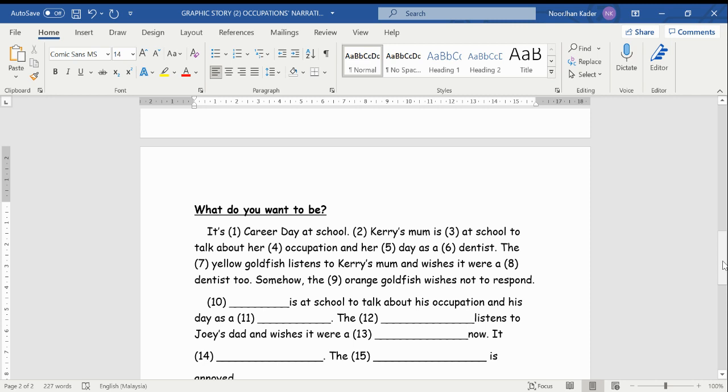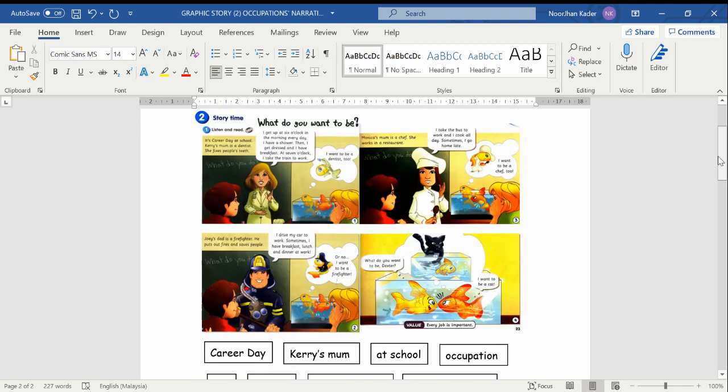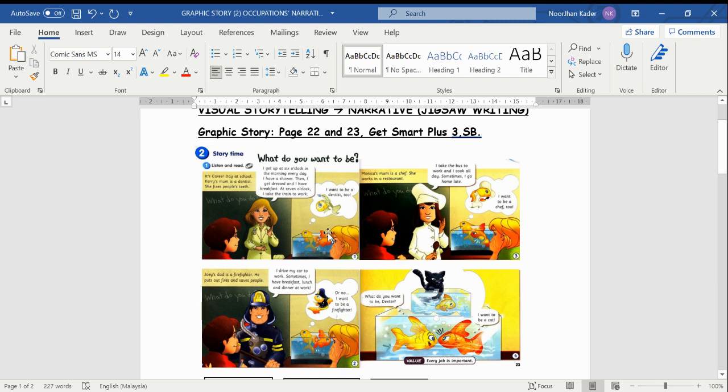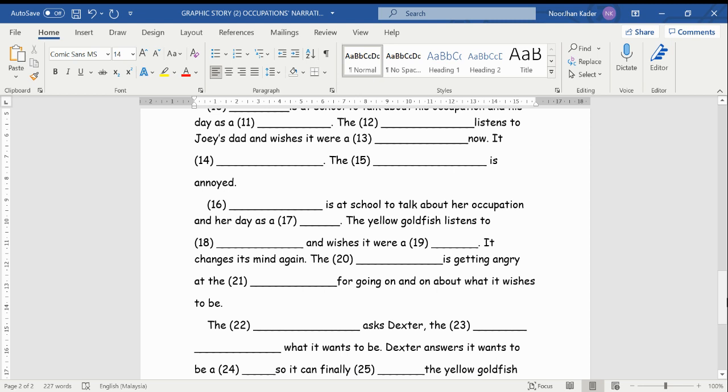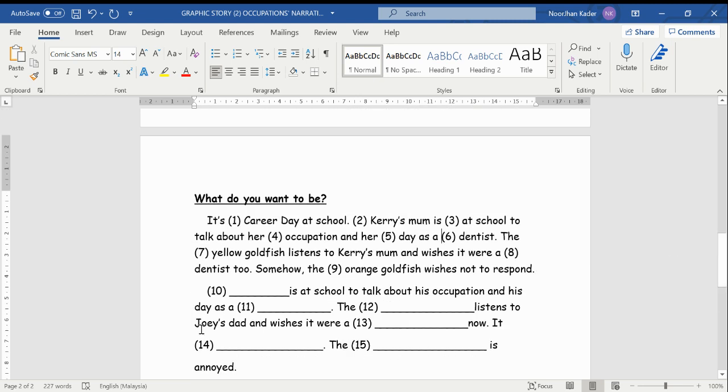Oh, not number 6, sorry. Number 7. Now, the yellow goldfish listens to Carrie's mom and wishes it were a dentist too. Okay, let's look whether it's correct. The yellow goldfish listens to Carrie's mom and wishes it were a dentist too. Yes, correct. Okay, and the last one.